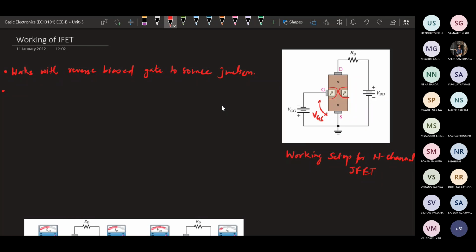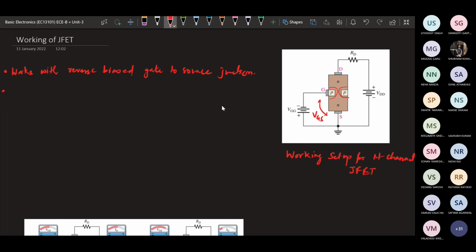Here, one more point: if we apply VDS to the channel, basically the channel region is going to reduce.